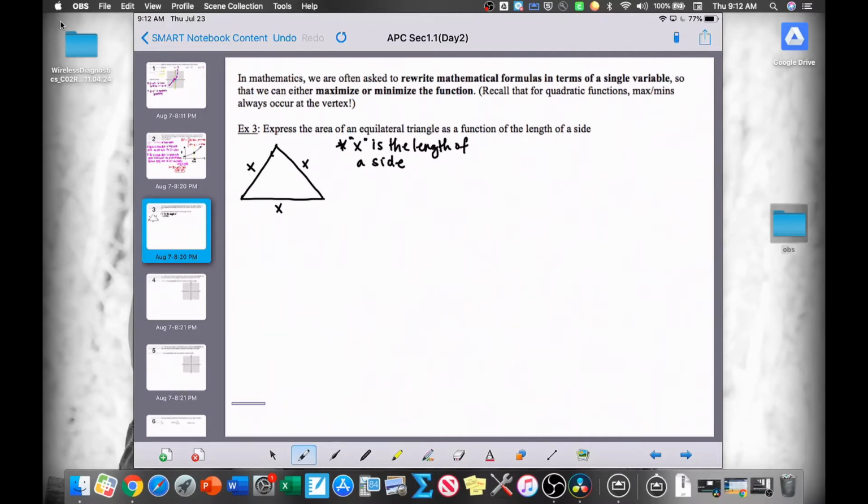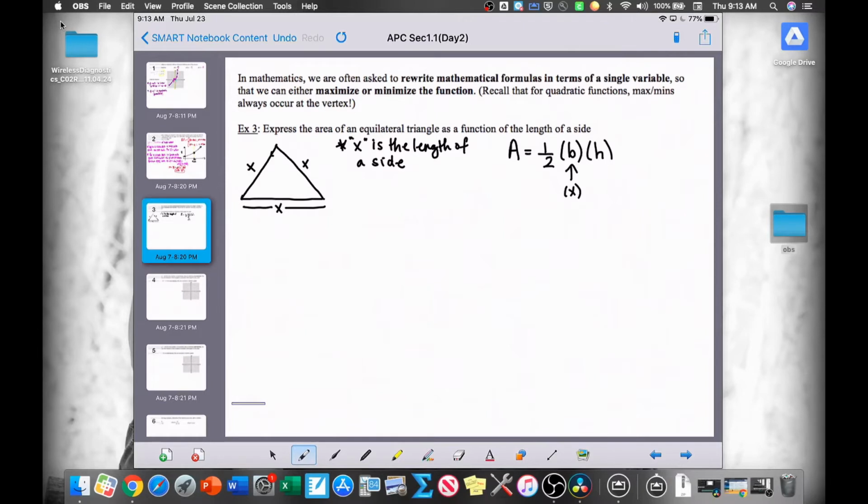And what I know about triangles is that the area formula for triangles is area is equal to 1/2 times the base of the triangle times the height of the triangle. And I already know that the base of my triangle is x, right? Because that's this distance right here.